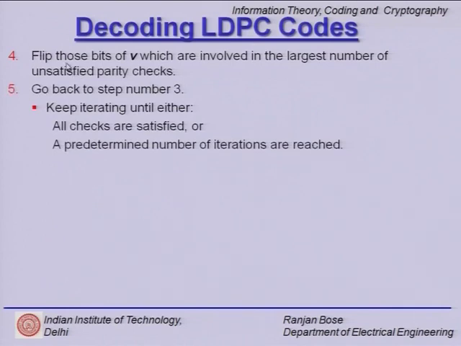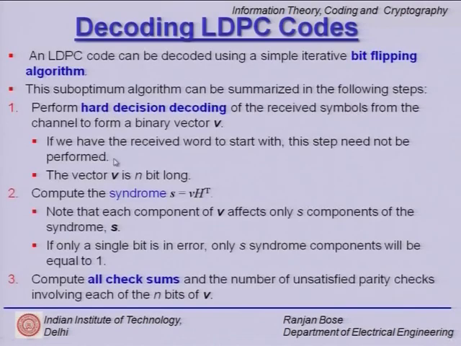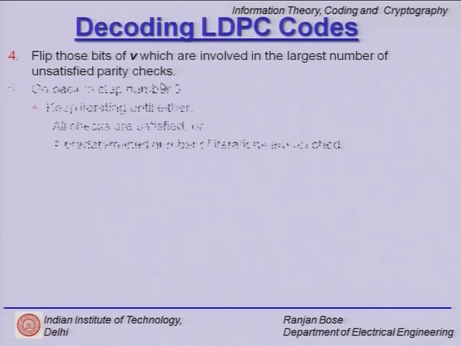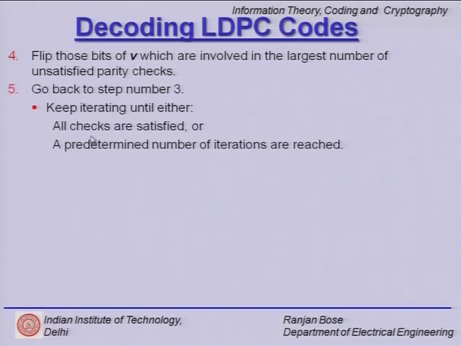This is the bit flipping algorithm. And then I go back to my step 3, which is again compute the checksum, and again go and see, flip those bits of the received vector which are involved in the largest number of unsatisfied parity checks, and I keep doing it till all the checks are satisfied, that I get a 0 vector in nu prime H transpose, or the maximum number of iterations allowed are reached and I declare that sorry, I could not find the answer.